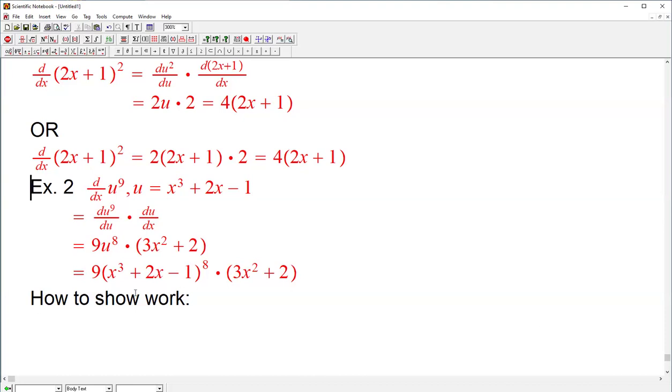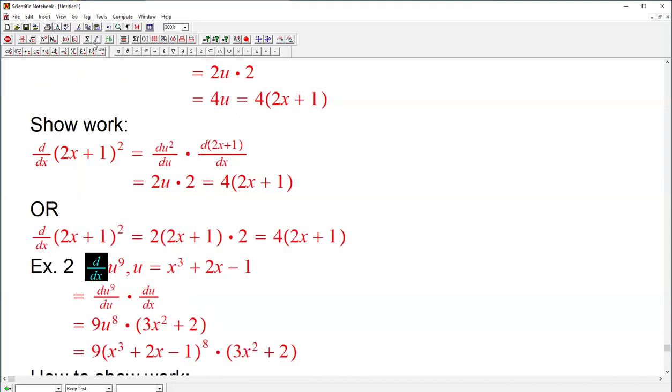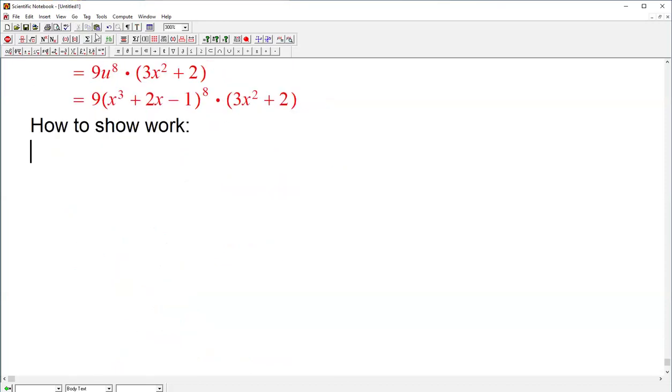Okay, so now let's look at example number 2. You can show the work this way with u explicitly expressed, or you can simply write it in the following way.